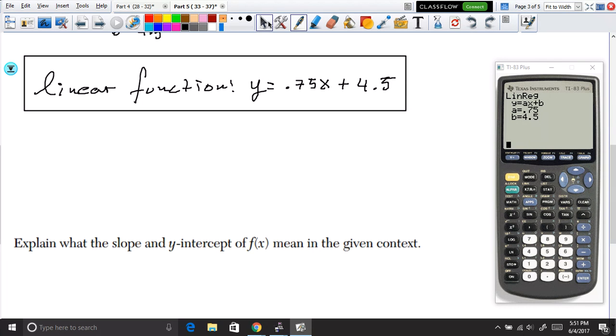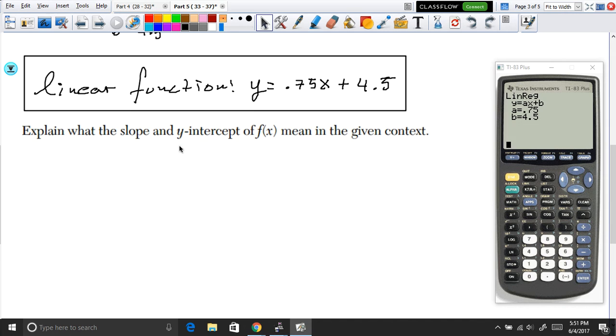So now there's also an extra step here. It says, now that you have this function, let's explain what the slope is and what the y-intercept is. All right, so we have a function. Notice that the slope is the number that's in front of x, which is going to be 0.75. Okay, perfect. So now let's explain what 0.75 means.